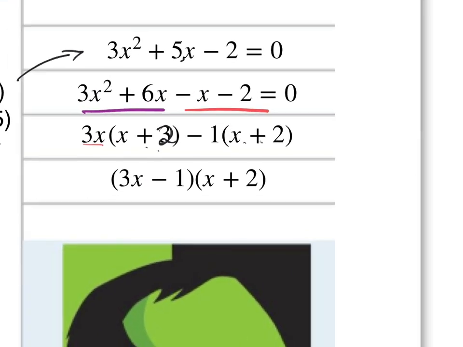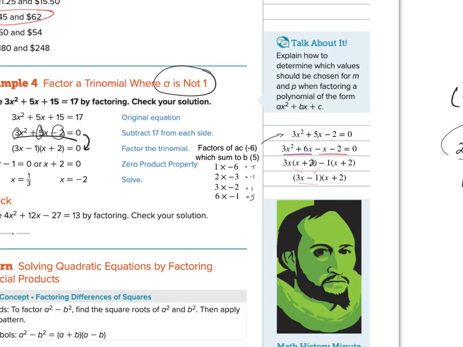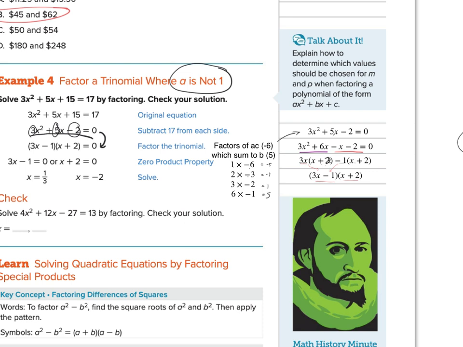So in order to get x plus 2, I would have to factor out a negative 1. So then we regroup 3x minus 1, and then we have x plus 2 is already there. And that is the process to factoring that. So that's how they got to 3x minus 1 times x plus 2.